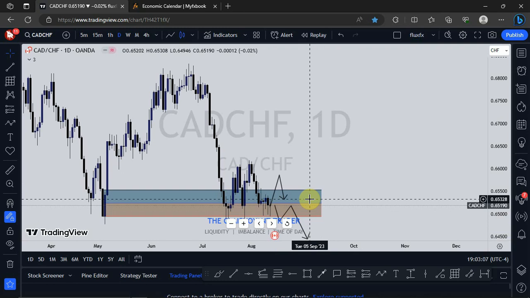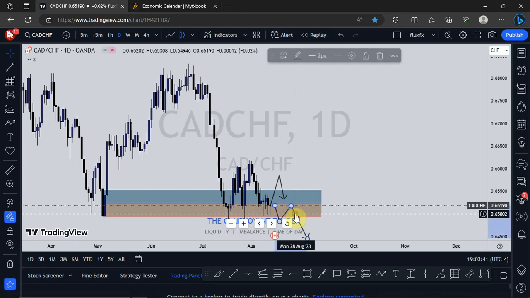By knowing the strength of the dollar, you'll be able to tell which pair to pick: do I pick USD CAD or USD CHF? That is something you should figure out, because within my weekly market analysis or outlook, I made a thorough explanation of this. So kindly take note of that.